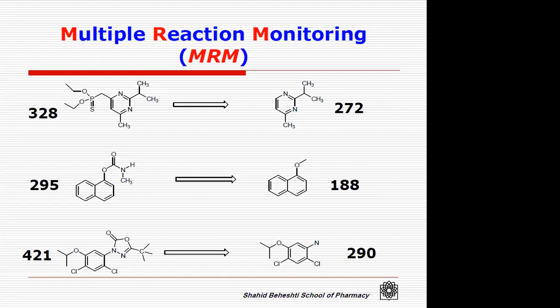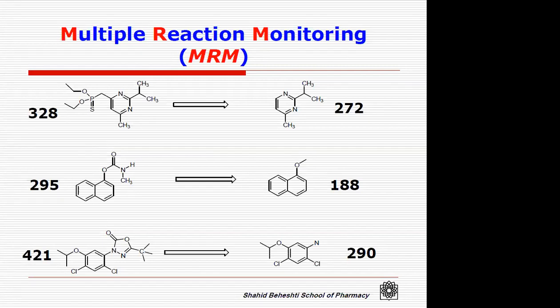But the mass spectrometer is so fast that it could jump into another transition, which is 295 to 188, which is characteristic for the second compound. And it could also jump into another transition and adjust itself so that it could monitor the transition of 421 to 290, which is another compound.